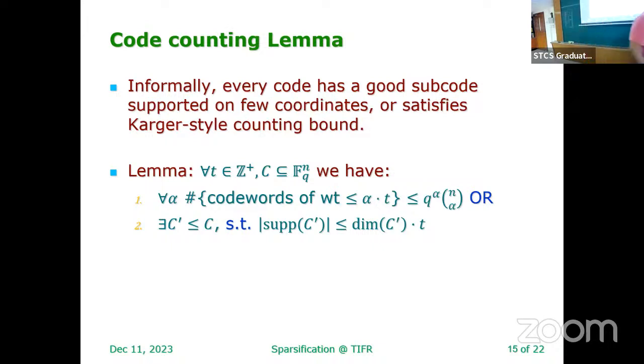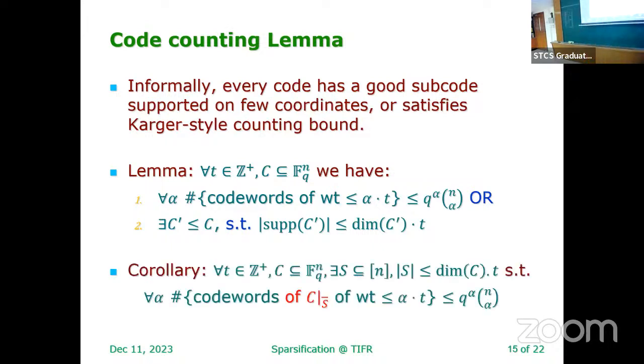Another way of looking at this particular theorem, and this is an easy corollary, is that every code will contain a subset of coordinates, this thing that I'm calling S. The size of the set S is at most the dimension of the code times t.